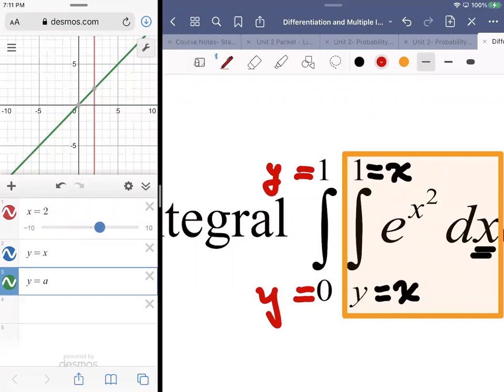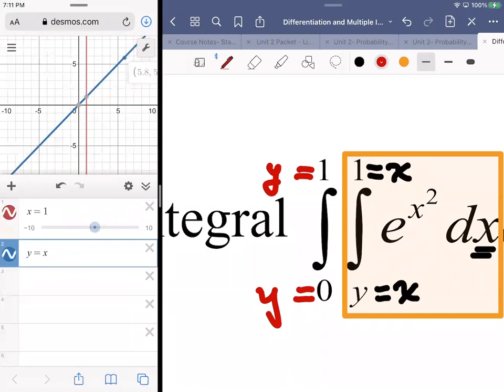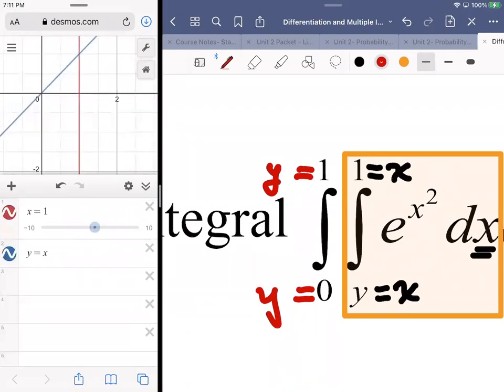I created a slider here for the 1, which is fine if I wanted to move that, but I wanted a slider for a, right after I sing its praises, no less. Crazy. It's not asking me for a slider. Well, whatever, I'll just do it without the slider this time.